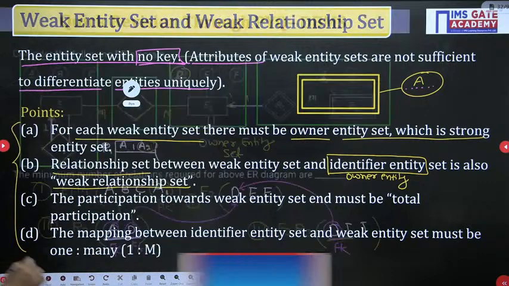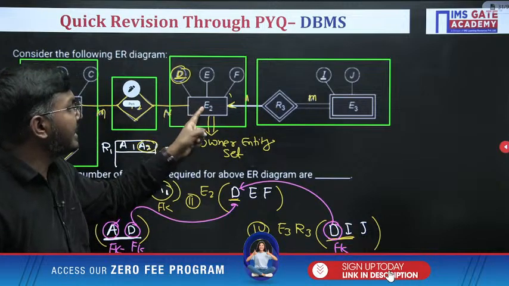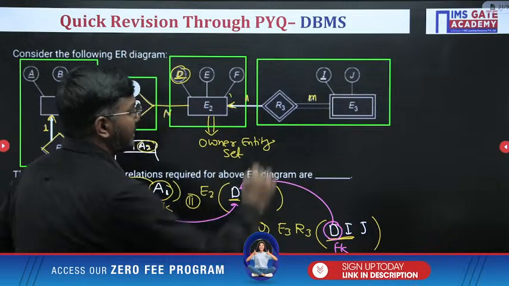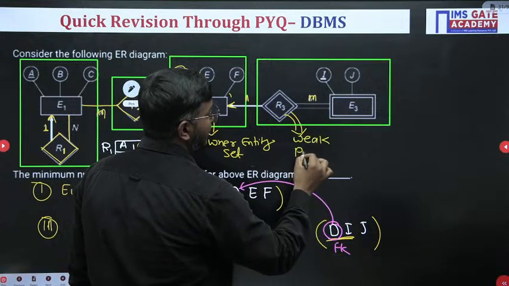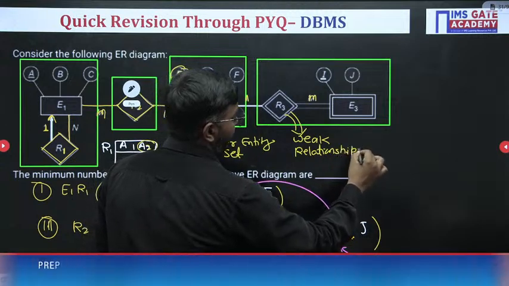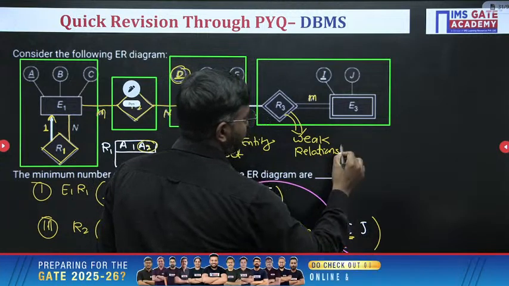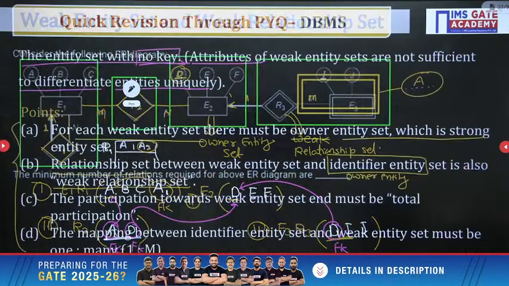Like here, the relationship R3 defined between the owner entity set and the weak entity set also behaves like a weak relationship set. Understood? Fine. This was the second point.